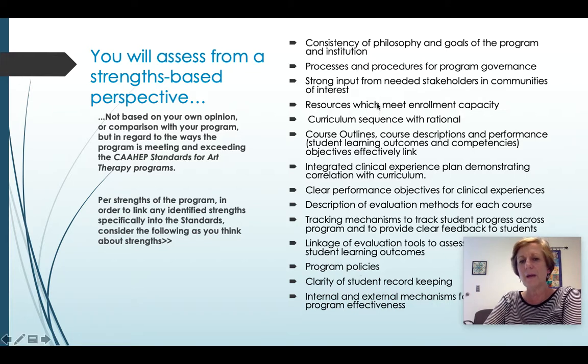Maybe some things about resources available to the program, which allow them to meet the needs of whatever their cohort size is. It might be the kinds of spaces available for learning or the kinds of studios available. Even the program philosophy and the goals of the program.